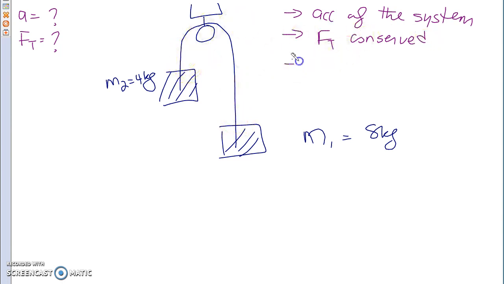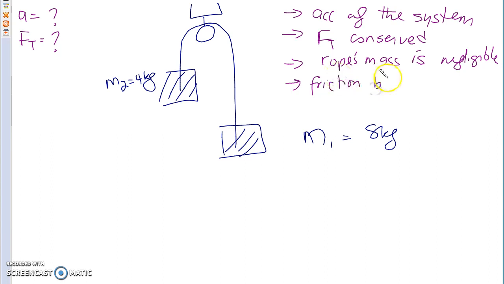Number 3, the rope's mass is negligible and does not affect our equation. And we also said the friction between the pulley and the string is negligible. Okay? So that's what we said.